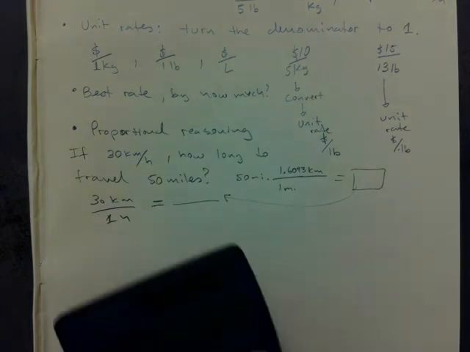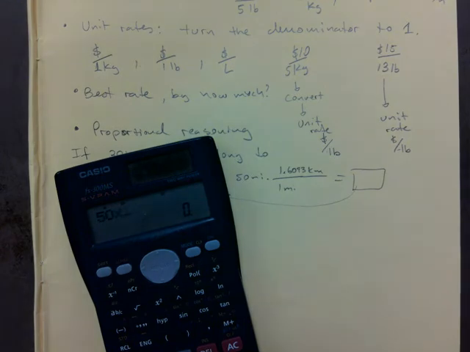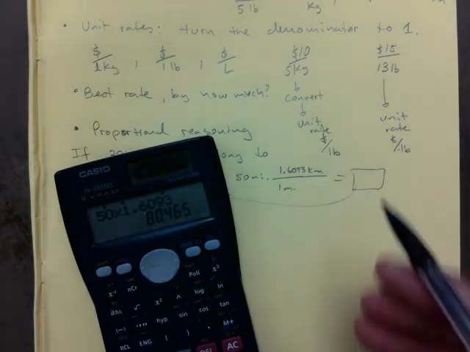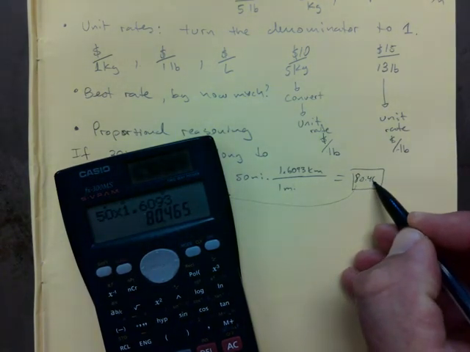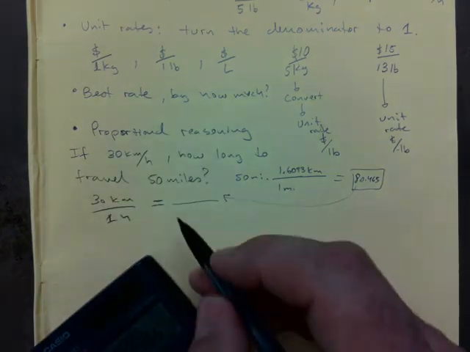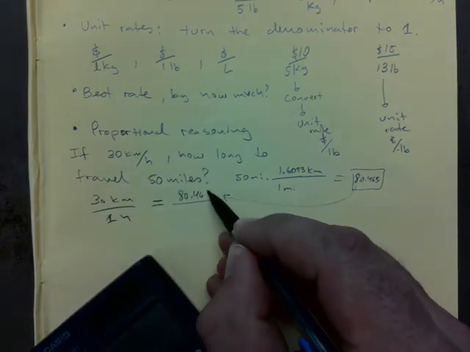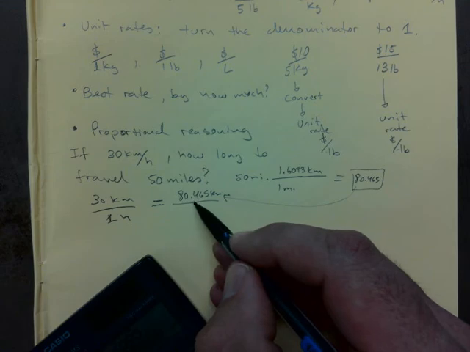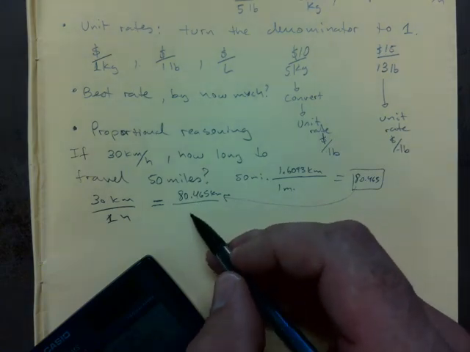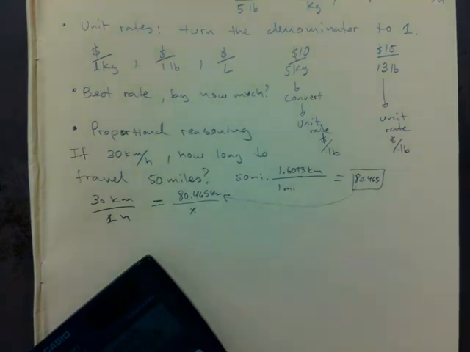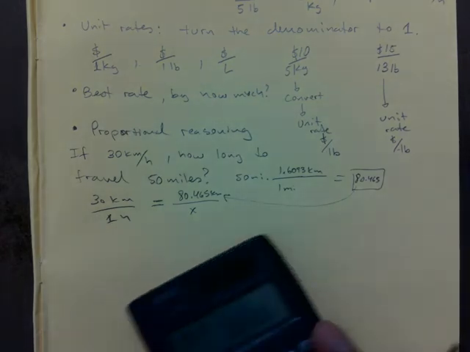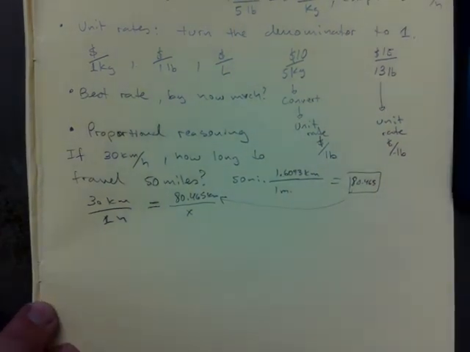And so let me just quickly do that since I already got it going. That's 80.465. I'm going to keep it like that for now. So 80.465 kilometers. That's a 50-mile into kilometers conversion, and then you figure out your time there by cross multiplying and dividing. So we did that.